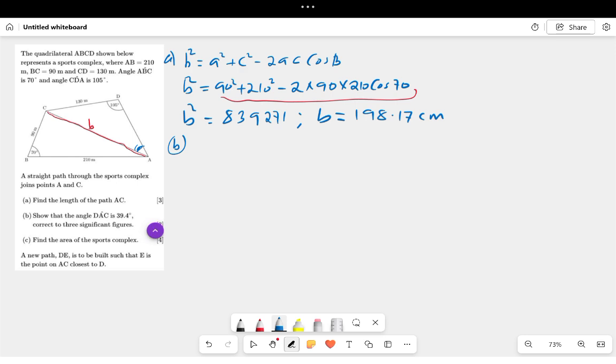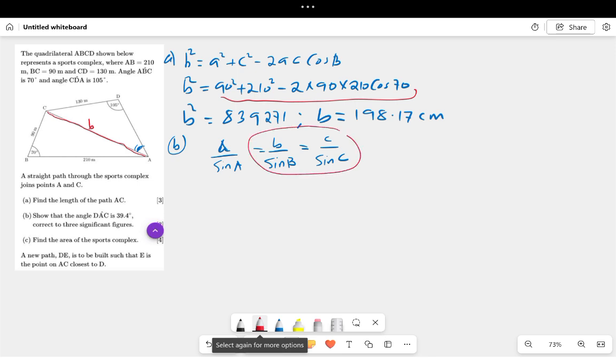And we know the sine rule is usually given as a divided by sine A is equal to b divided by sine B, which is also equal to c divided by sine C. To work this out, you only need to compare two sides. You don't have to compare all three.